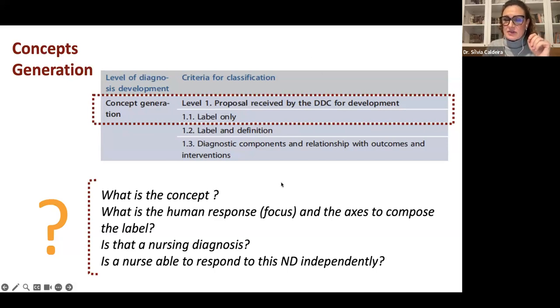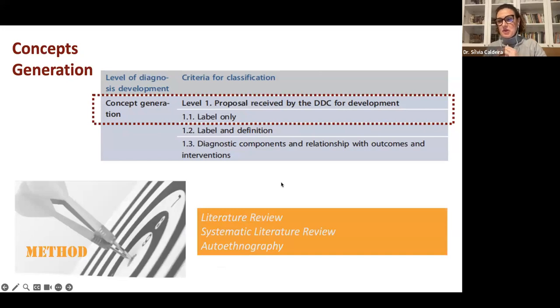If you have the answer to these questions, I think you can do a literature review on that label that you think is a nursing diagnosis, or a systematic review, or sometimes you have such an interesting experience in a clinical context, and you can think about autoethnography because you lived the experience. You were there as a nurse. You know that human response.